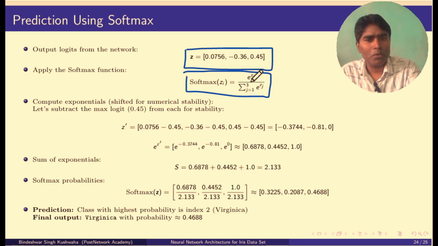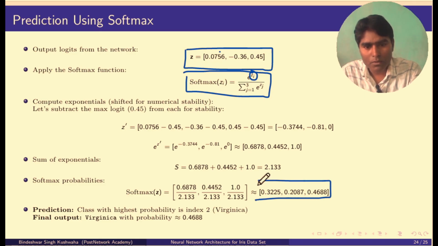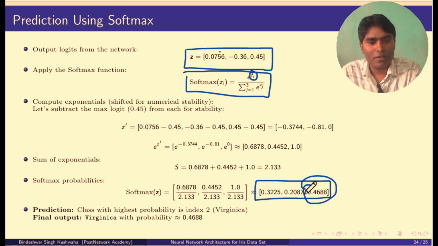What is softmax? You put these values in the power of e, and finally we sum. So obviously the values come between 0 and 1. All are from 0 to 1, so the highest value is the highest probability. We can tell that the class with the highest probability is index 2, so that would be Virginica.